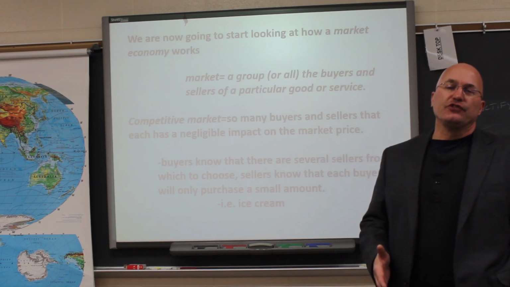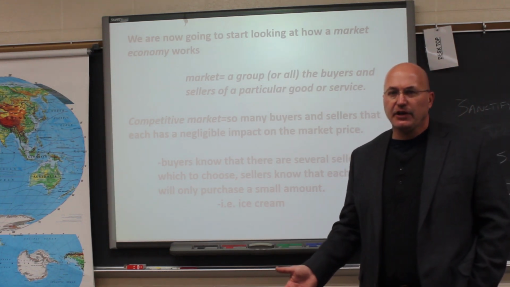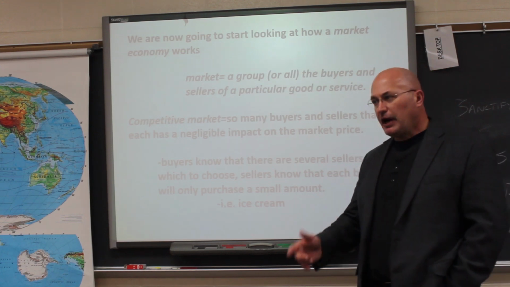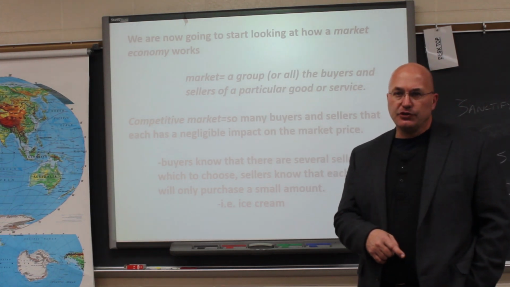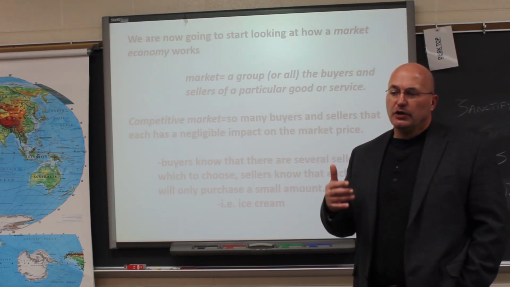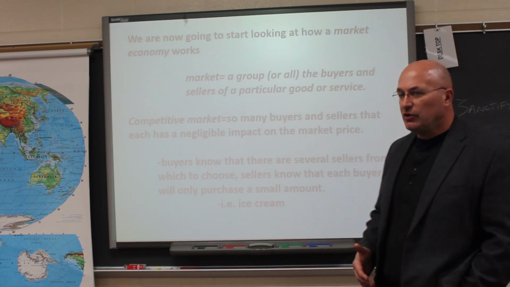Conversely, if Riley goes in and says, I want an ice cream cone, and the guy behind the counter says, that'll be 10 bucks, Riley's going to say, sorry, and go down the road to Ivanhoe's or Goods or Dairy Queen or someplace like that, and he's going to buy his ice cream cone there.